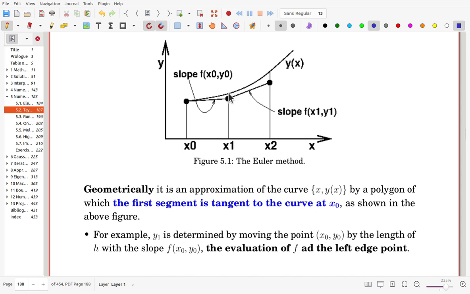We don't know y at x1, so when we try to match another step, we use the available approximation y sub 1 to measure the slope f at x1, y1, and match again h distance to get y sub 2, like that. So the Euler method is using left edge estimation of the slope. That is geometrically interpreted.